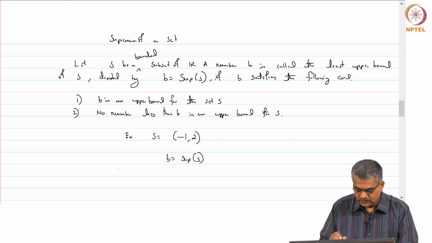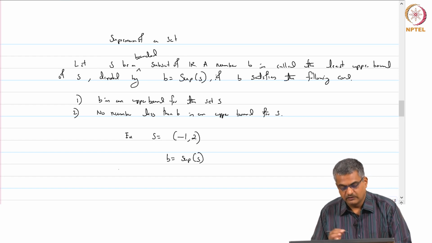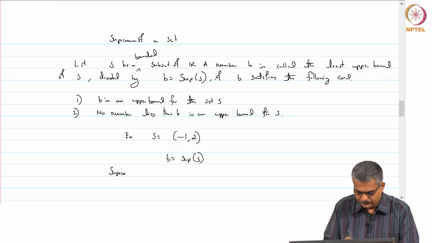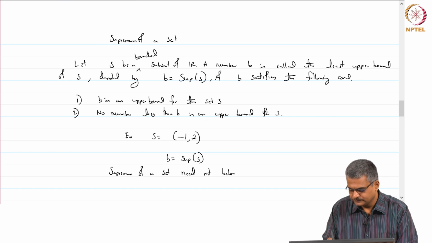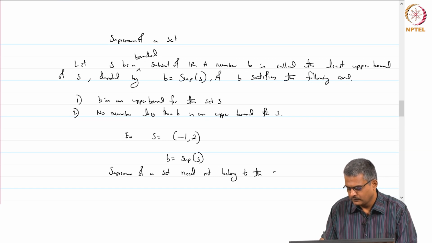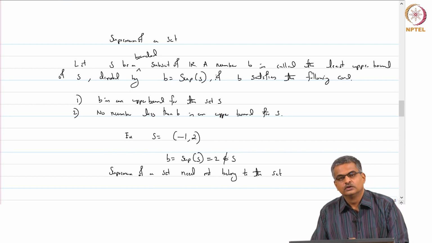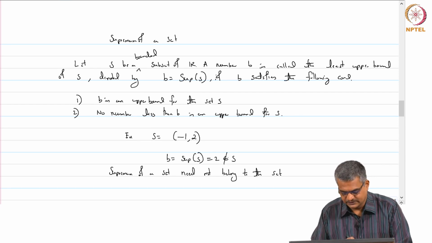Note that what differentiates this from the notion of maximum value of a set is that the supremum of a set need not belong to the set. So, in this case you can see that 2 does not belong to S. So, a number can be a supremum of the set even if it does not belong to the set S.